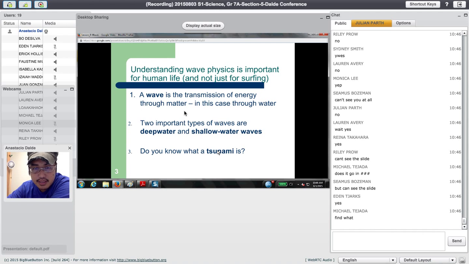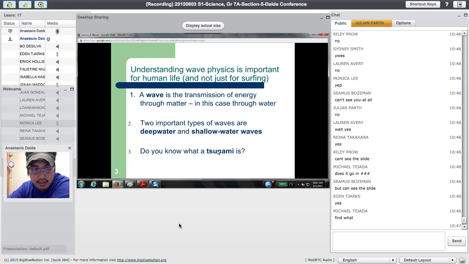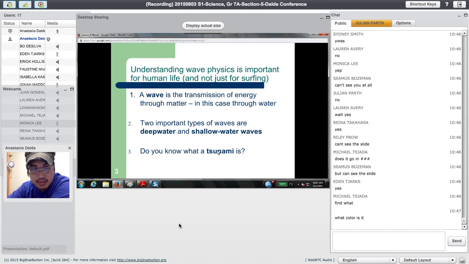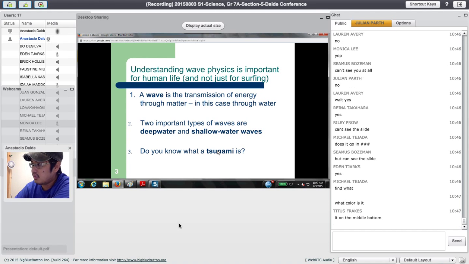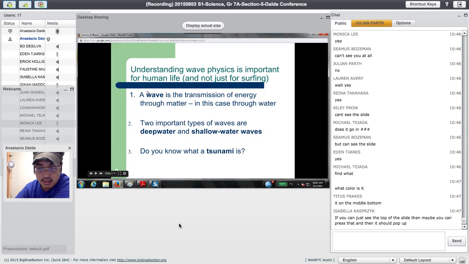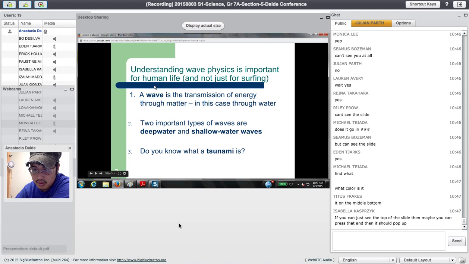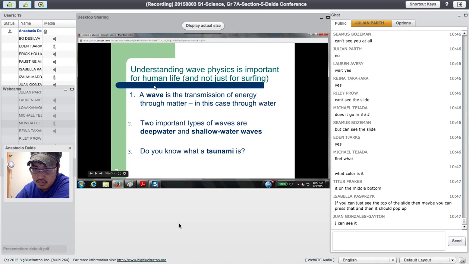Find the window that says desktop sharing. That way you can see the slide that I'm working on. Or log out and log back in, and hopefully that will work for you, because I know that this thing is displaying correctly. The slide is actually a screen sharing of my other computer. All right, good. If you guys can see it, then I'm just going to keep moving on.